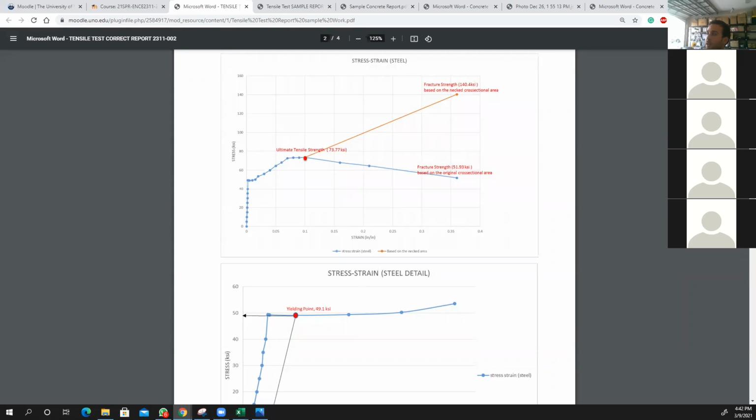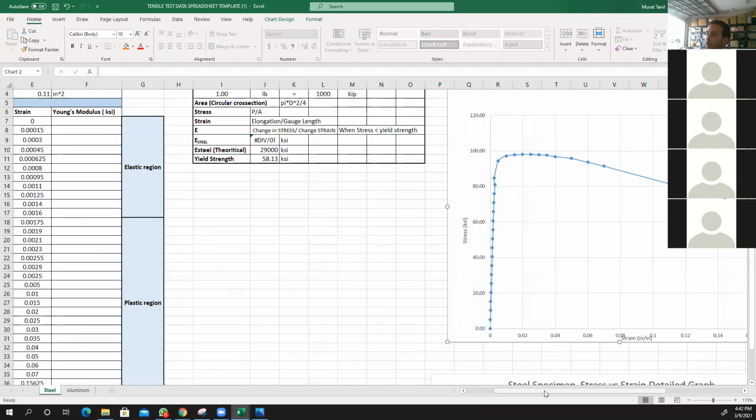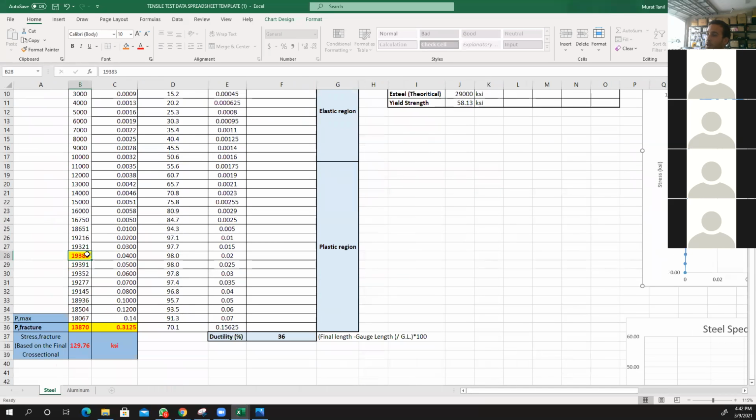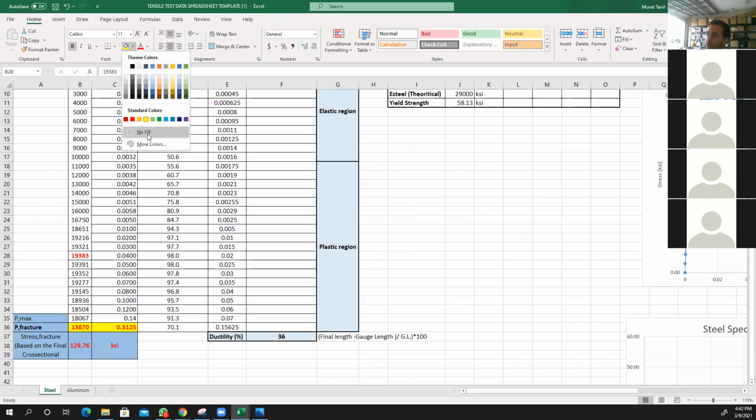So ultimate tensile strength is whatever the maximum load applied was. In this case, you've got to change this value because this is not the max. 91, this is the max.